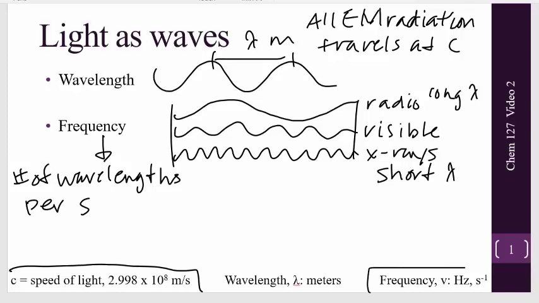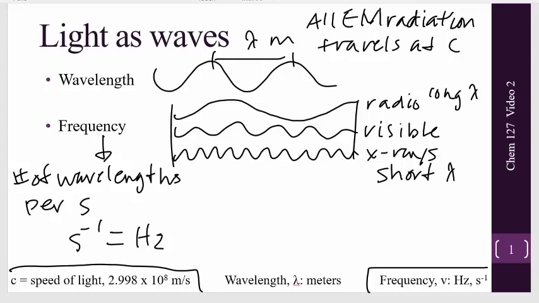And you can see down here, frequency is then measured in wavelengths per second, but we just shortened that to inverse seconds. And that seconds to the minus 1 is also equal to the unit hertz, which I'll use more often.